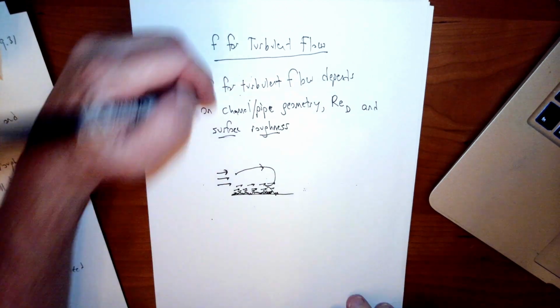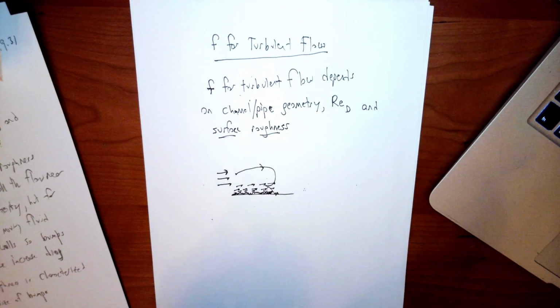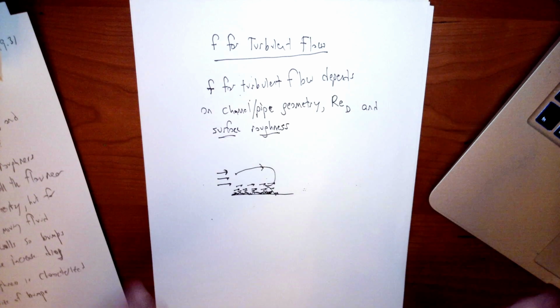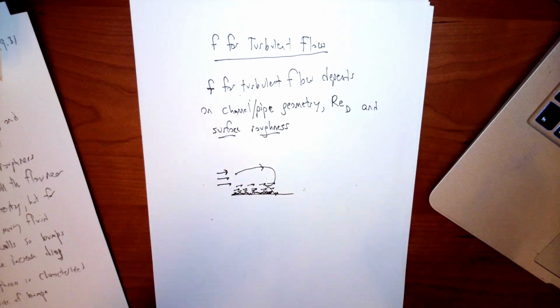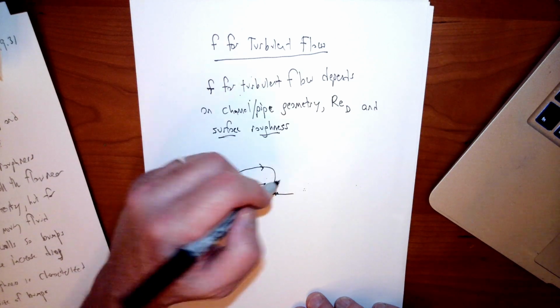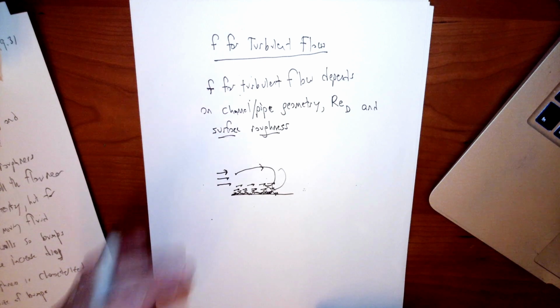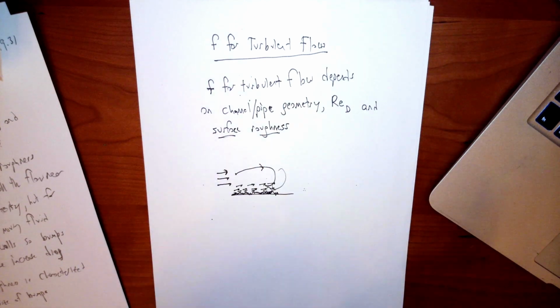Bigger bumps will cause more shear stress as more and more fast fluid is brought in contact with the wall, basically because there are more bumps for it to run into, more surface area for it to interact with. So that's what essentially causes the surface roughness to matter for these turbulent flows: fast-moving fluid gets slammed down into these bumps, and that means the bumps actually do have an effect on the shear stress.